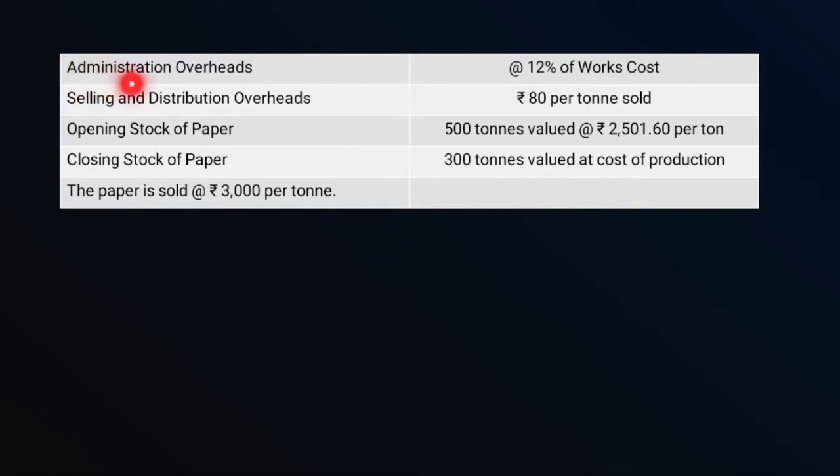Next, administration overhead at the rate of 12% of works cost. Next, selling and distribution overheads, rupees 80 per ton sold. Opening stock of paper is given as 500 tons valued at rupees 2,501.60 per ton. Closing stock of paper is given as 300 tons valued at cost of production. The paper is sold at the rate of rupees 3,000 per ton.